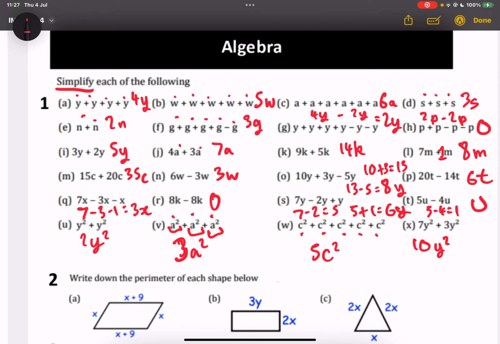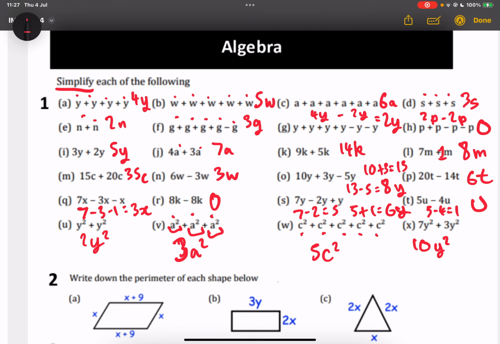C plus d is 3 plus 8, which is 11. E minus d is 15 minus 8, which gives us 7. 2 times a is 2 times 7, which is 14.